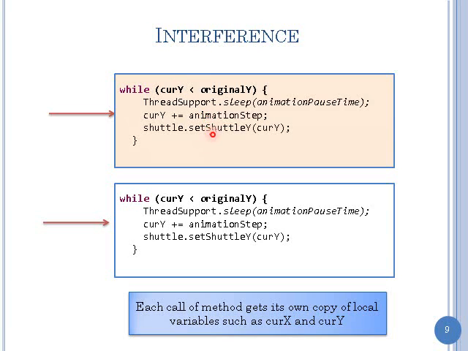Now what's happened is I've got 2 stacks on 2 different threads. They both have a call to the same method. They both have a copy of the current y variable, which is a local variable. And they're both trying to set the shuttle y to that variable. Current y is one value in one method, another value in another method.